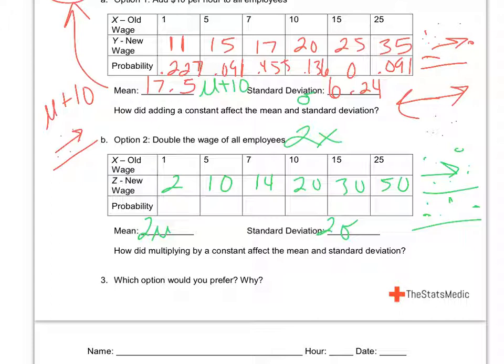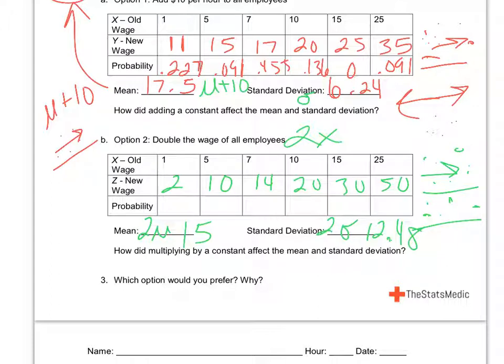So in this case, my mean, which was 7.5, is now going to be 15. And my standard deviation, which was 6.24, is now going to be 12.48. And again, you can plug this into your calculator to find standard deviation, right?